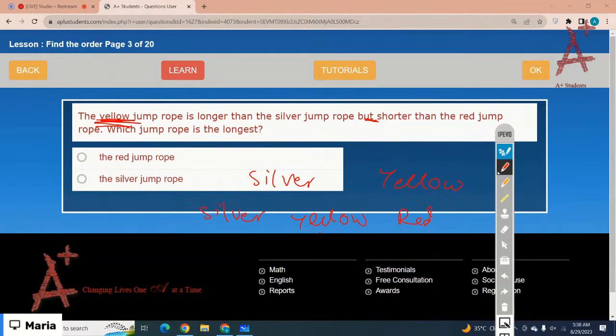Red jump rope is the longest one, right? So, the correct option is red one.